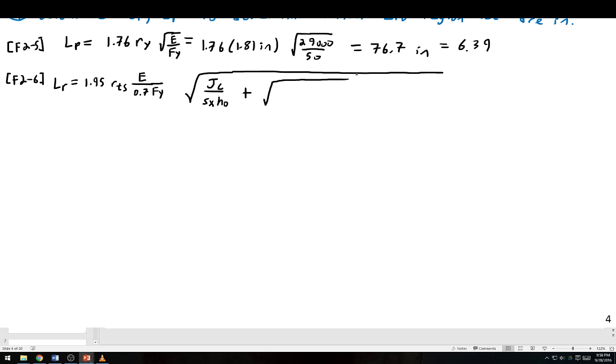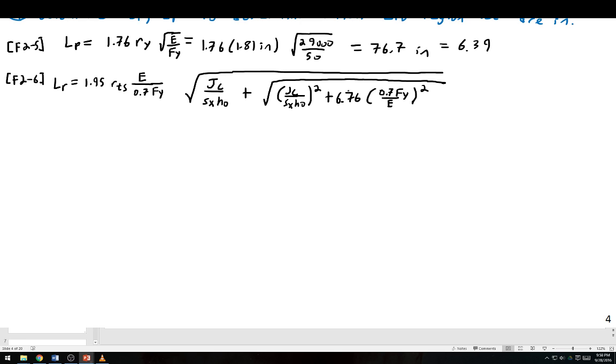And when I do the math on this, I am not even going to try to do this all at once. I'm going to simplify my computations by taking this in chunks, and you'll see what I mean. Jc over Sx ho quantity squared plus 6.76 times 0.7 Fy over E quantity squared, as we get from the manual.